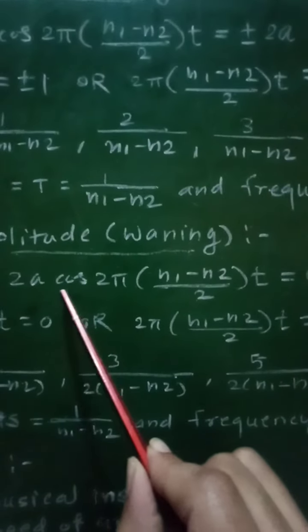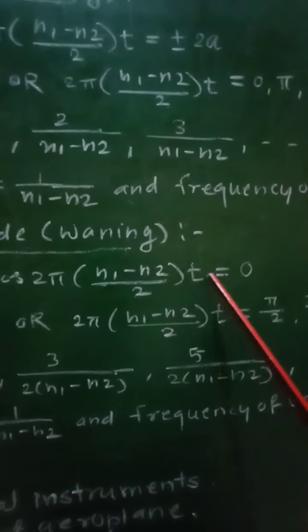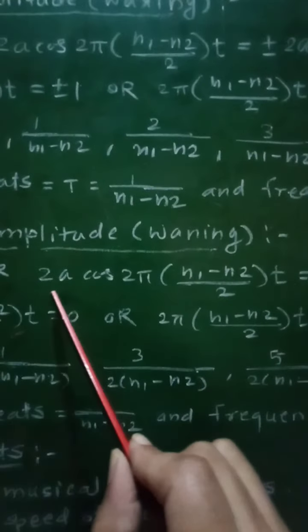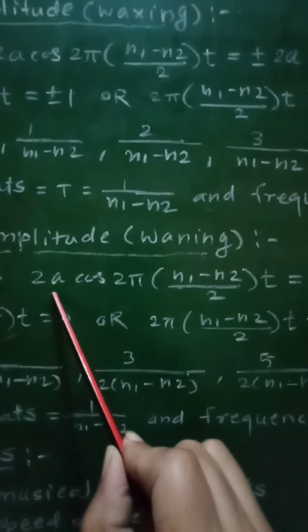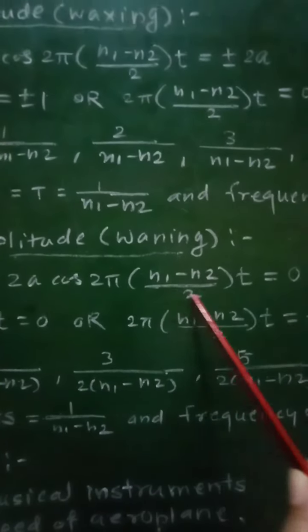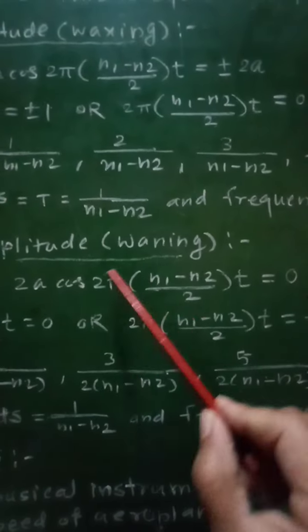Now 2a will never be 0. 2a is not equal to 0, and therefore cos of this angle must be equal to 0, so that this product will be equal to 0.